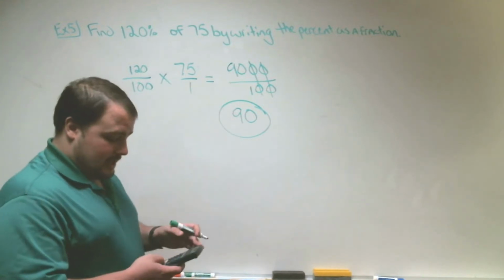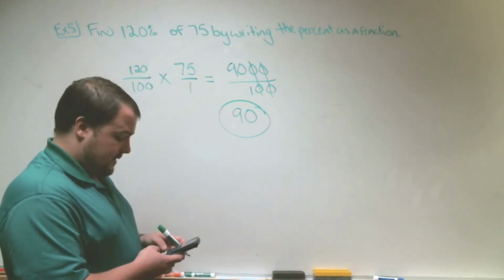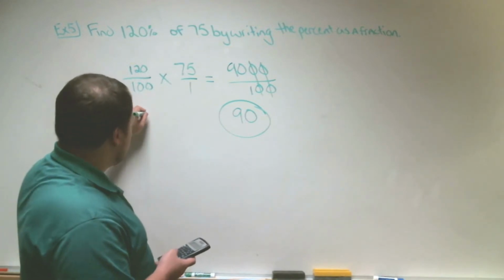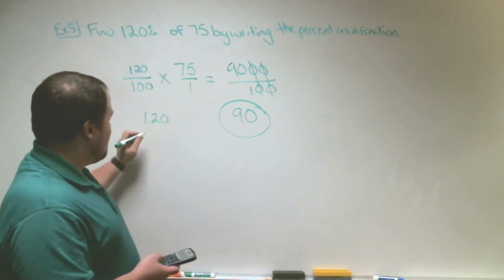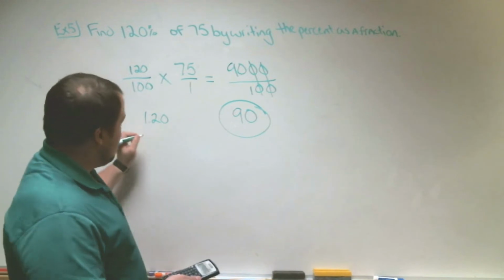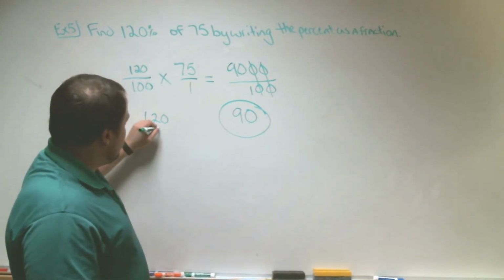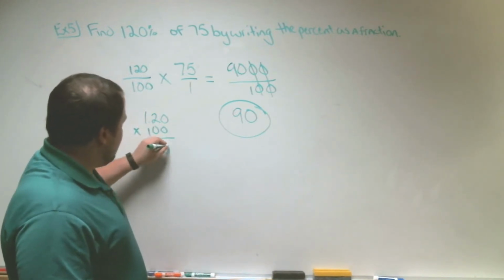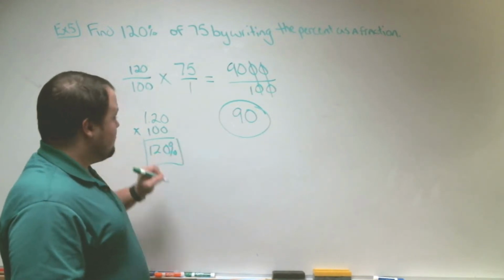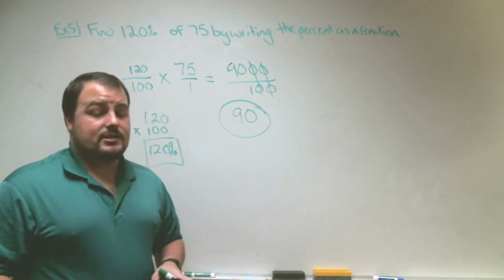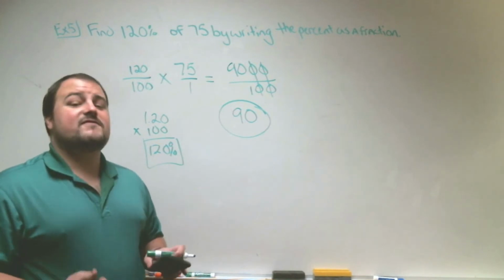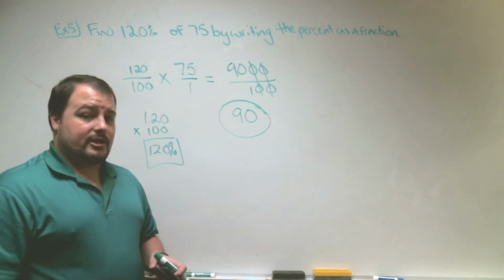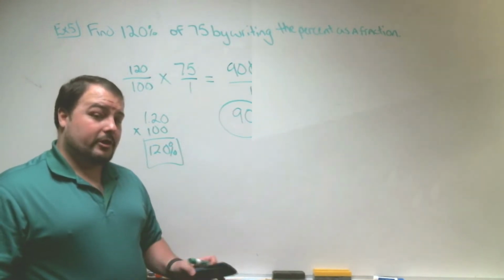So if I had 90 out of 75, 90 divided by 75, you get the decimal 1.20. And if you wanted to change that to percent, all you got to do is times that by 100, and you would have 120%. So 90 is our correct answer. It's 120% of 75.